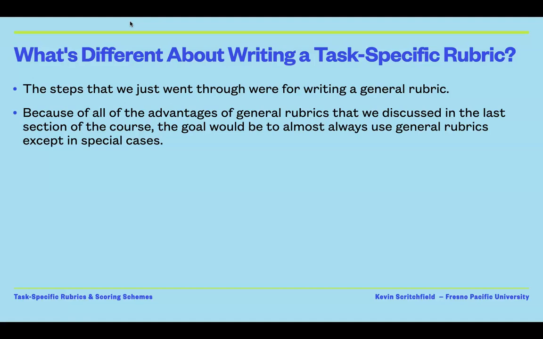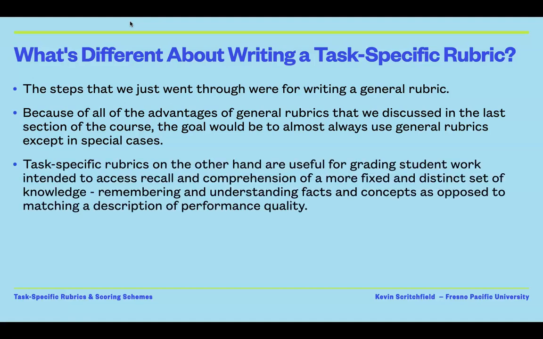When would something else be more advantageous than a general rubric, depending on what's going on in our class? Task-specific rubrics, on the other hand, are useful for grading student work that is not necessarily about creativity and demonstrating lots of knowledge and different ways of presenting that to you. It's more of just when you're asking your students to access recall, so memorization of things, and then comprehension of the details of those things.